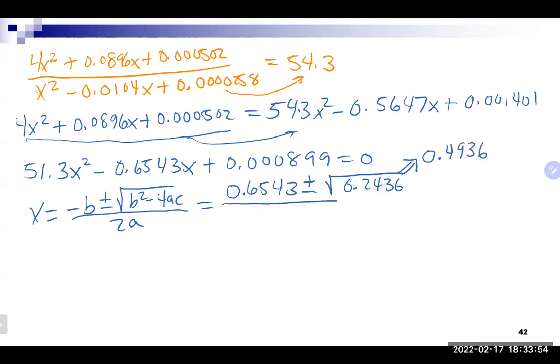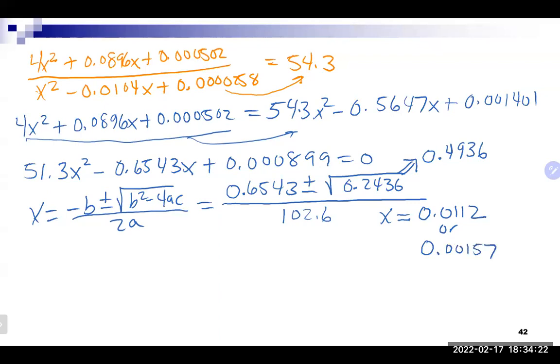And that's going to be divided by 2 times 51.3, which gives you 102.6. Doing the plus and then doing the minus of this, you get our two x values. We get an x value of 0.0112, or an x value of 0.00157.